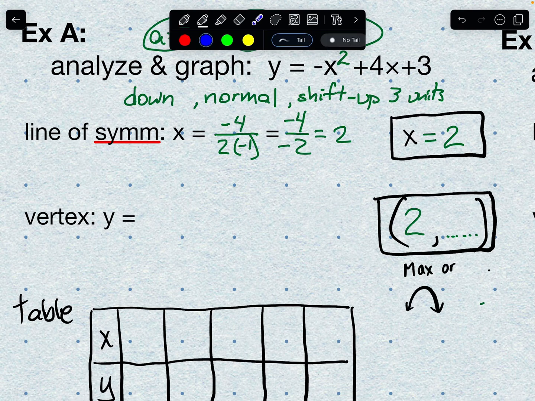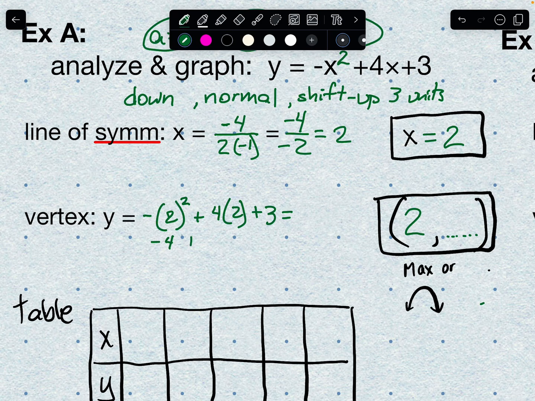I'm going to go back to the equation and plug in my x value, 2, into those spots, and write it out as I see it. -2 parentheses squared plus 4 times 2 plus 3. So this gives me -4 plus 8 plus 3. Hopefully you get an answer of 11. No, I lied. You get 7.